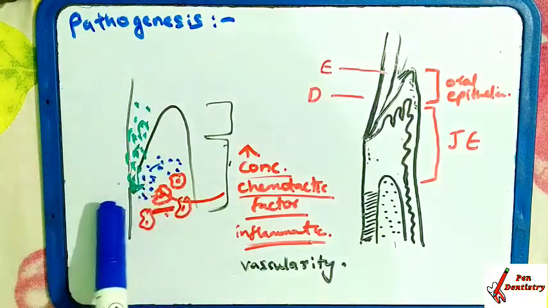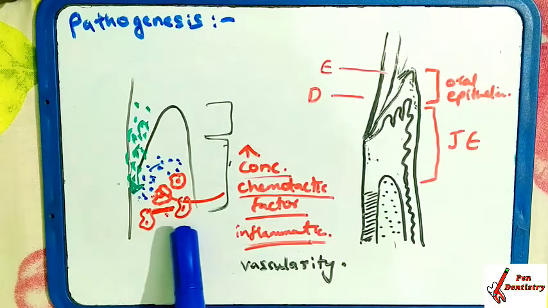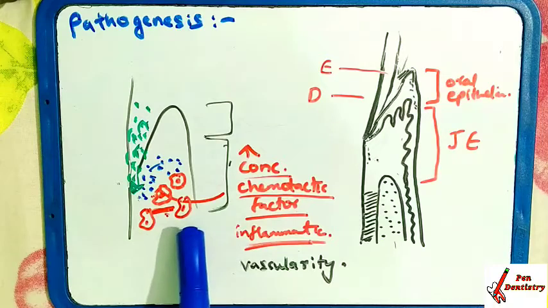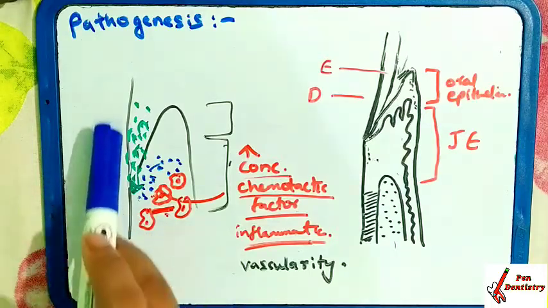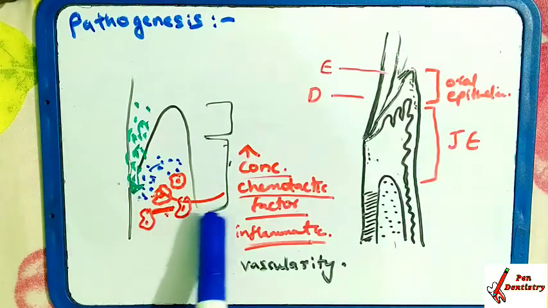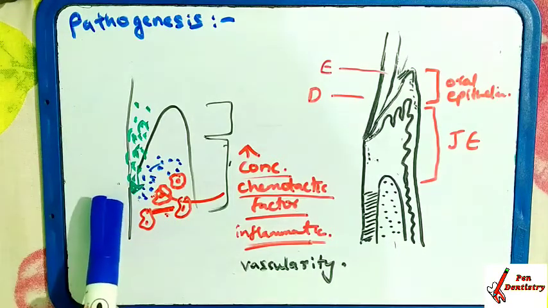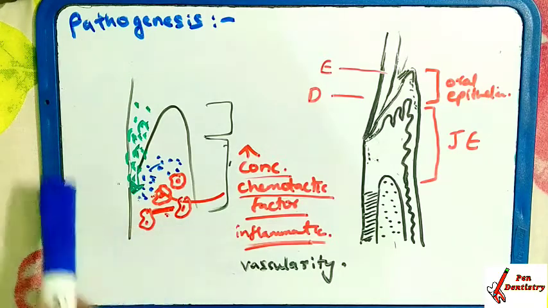They have made such a toxicity that they destroy the action of these neutrophils. They don't allow the neutrophils to kill them, and they win. These bacteria win and make the neutrophils lose. That's why the pocket formation is now taking place further. Bacteria are growing more and more, and neutrophils are inhibited by these bacteria.